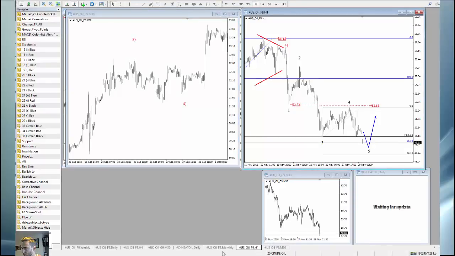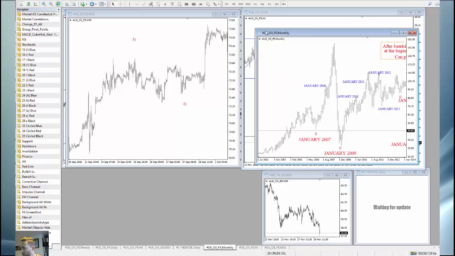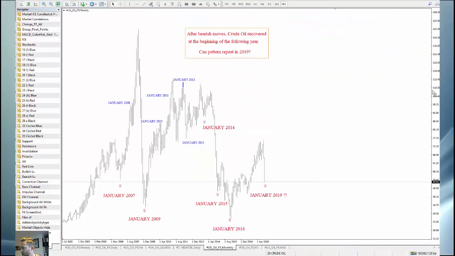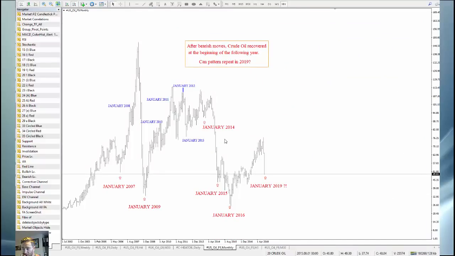As you know, we have been looking for this patterns in January that occurred when crude oil was falling into the year end. Then we have seen probably a recovery, as I'll show you on this chart, recovery at the start of the year. So actually here was the same thing.